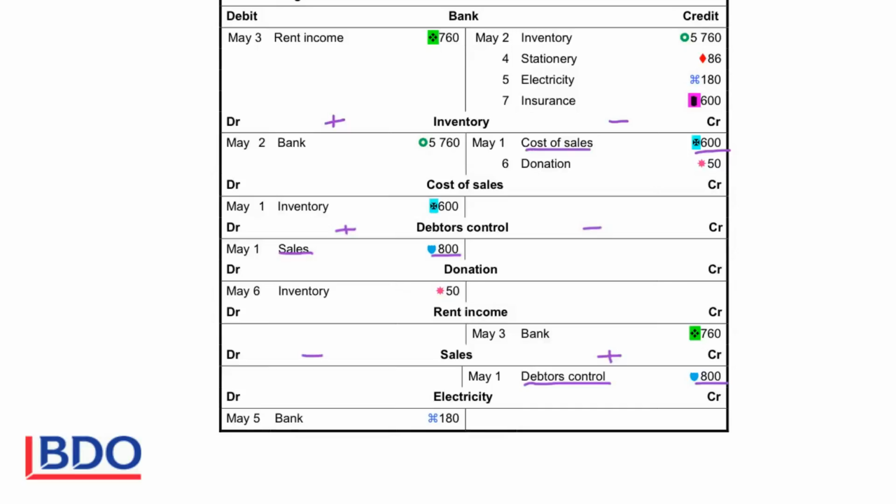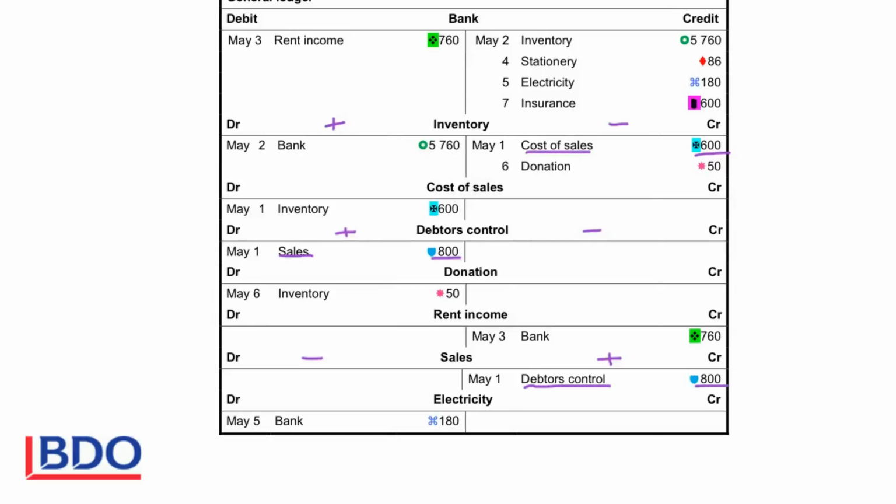Cost of sales is debited because cost of sales is an expense and expenses increase on the debit side. So the double entry will be completed in the cost of sales account and we will write the word inventory to indicate that the double entry is in the inventory account.